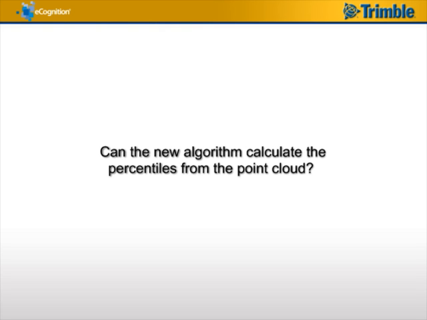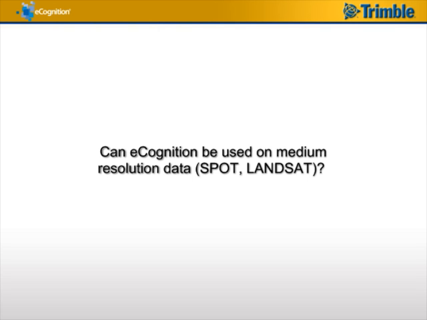There's one question that I can also pass over to Christian, and the question is whether eCognition can also be used on medium or lower resolution data like Spot and Landsat, and not only on QuickBird and Ikonos. I think that's an easy question to answer. Yes, of course. eCognition comes from such kind of data, and you can also classify Landsat and Spot data with it, and can also use the new machine learning algorithms based on Landsat data.